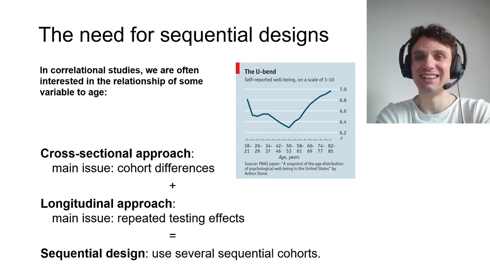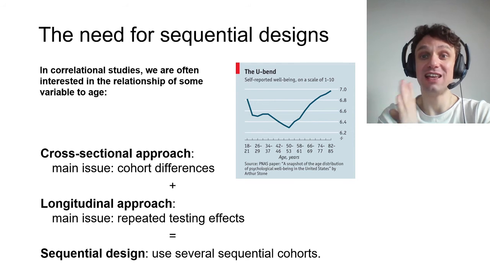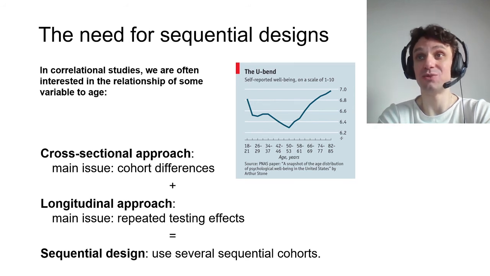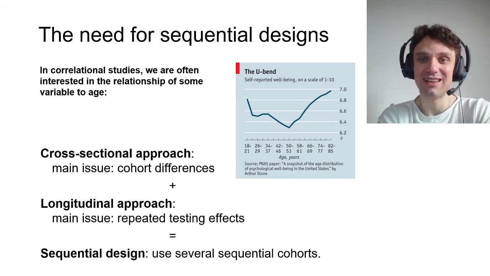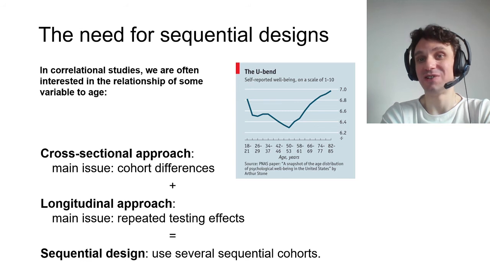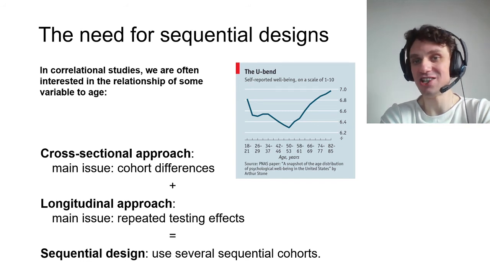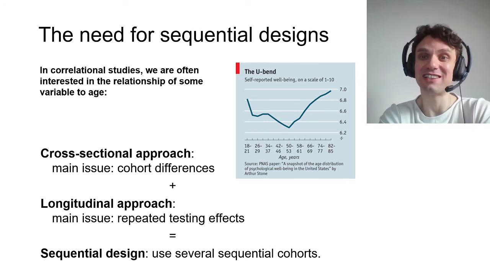But there is an alternative explanation: cohort differences. If you measure today people who are 10, 20, 30, 40, 50, 60, 70, 80, and 90, those groups of people will not be completely comparable. First of all, there will be some attrition, obviously, but most importantly, those individuals grew up in different situations.